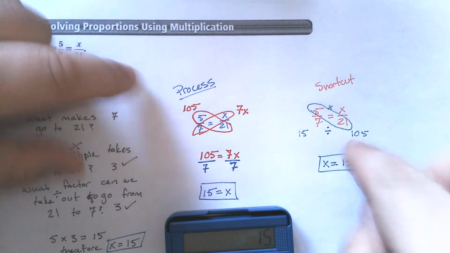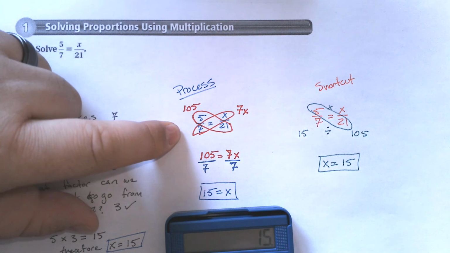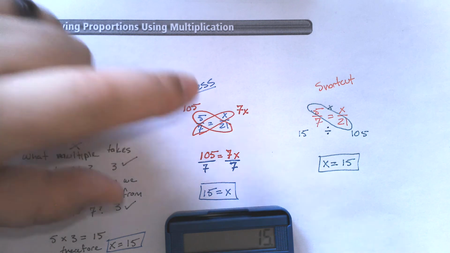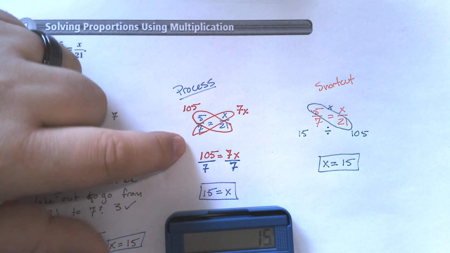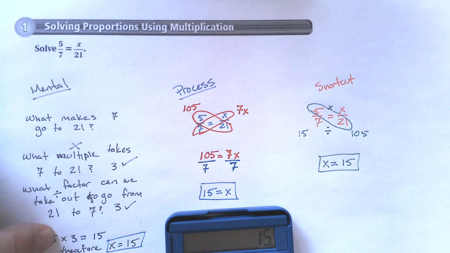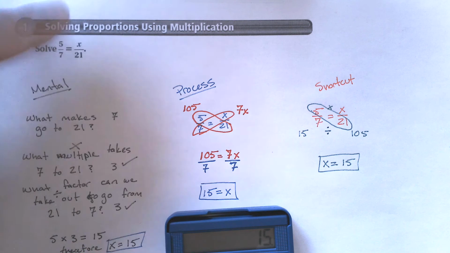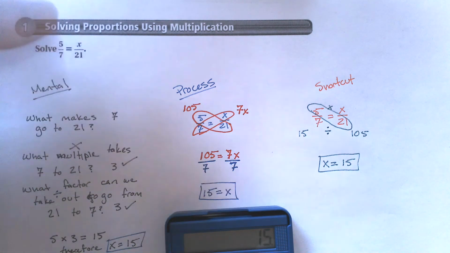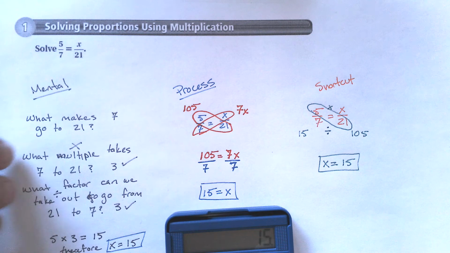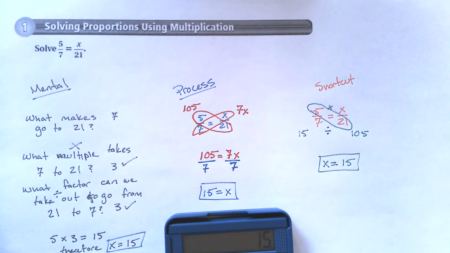The reason it's a shortcut, look how much less we even had to do than our process, because most of it was done on our calculator. And most of this was all done on paper, but it still shows less than what I had to think about. And I had to get everything correct, going the right directions. Was I multiplying, dividing? Was I adding and subtracting, which I don't do in proportions? What exactly was I doing? There's a lot to keep track of in mental math. That's why it's actually easier and better to learn the process or the shortcut.